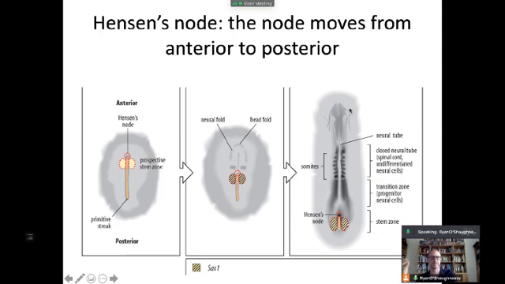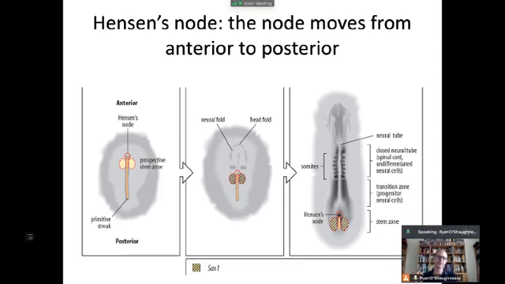So what happens is Hensen's node moves down the embryo, and so we already have head tissues specified with full neural tube closure and full somitogenesis in regions that are complete in their differentiation, compared to closer to the node or more recently involuted, where we have neural cells just being formed and the tissue layers just being specified. So different things are happening in different parts of the tissue.